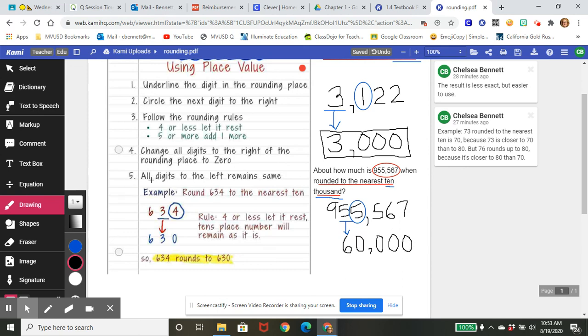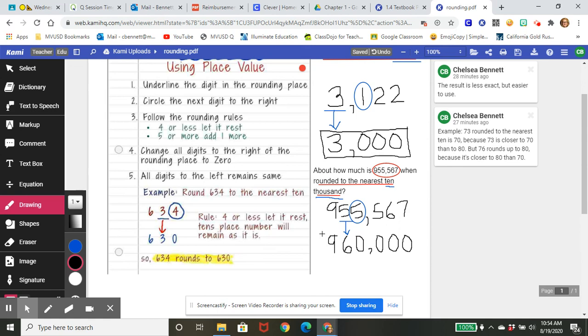Step number 5, all digits to the left remain the same. So all the digits over on this side on the left stay the same. The 9 comes down and turns into a 9. Okay? So when I round 955,567 to the nearest 10,000, it turns into 960,000.